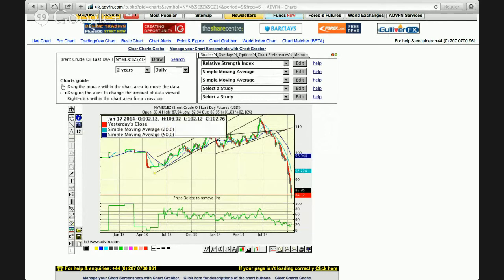So no longer are we trending on the upside, and the momentum play for Brent crude oil is no longer at play. We're heading towards a new type of sideways trading, you might like to call it, in oil. And this is quite critical in terms of the movement.